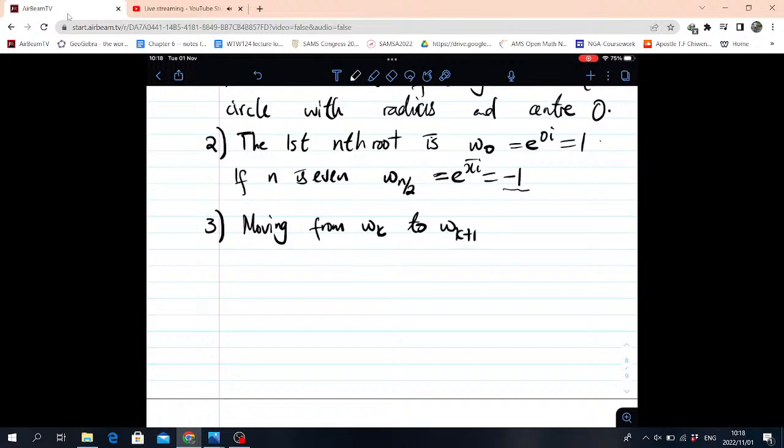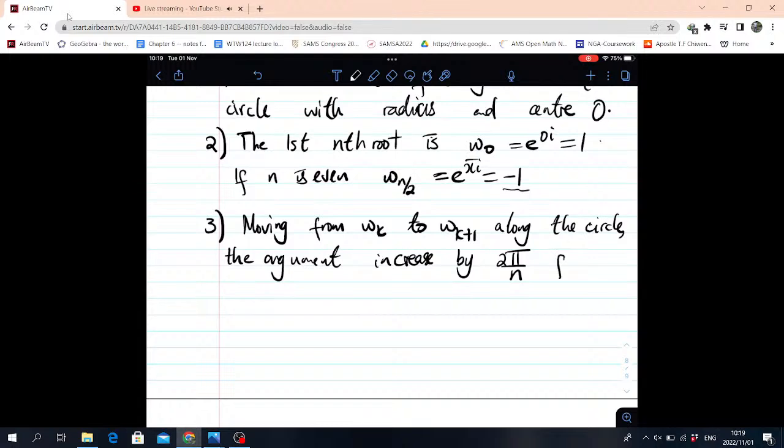So moving from wk to wk plus 1 along the circle, the argument increases by 2 pi over n. That's one other special thing, and that will be from 2k pi over n to, so the argument for that, and that's what we are just writing here, 2(k plus 1) pi over n.